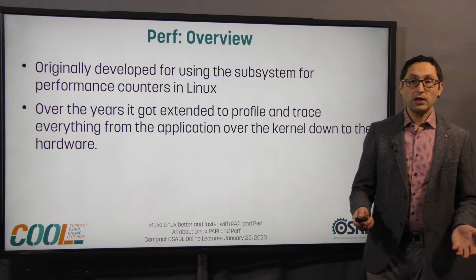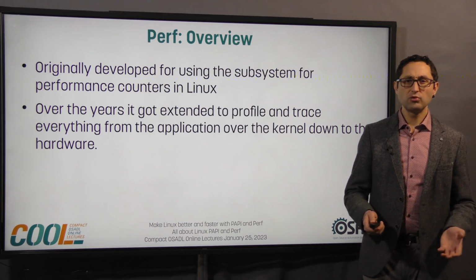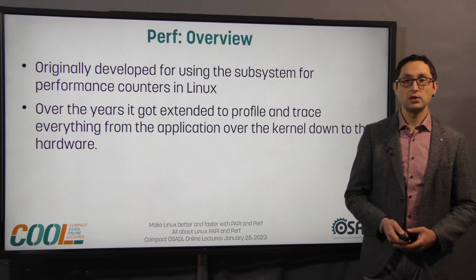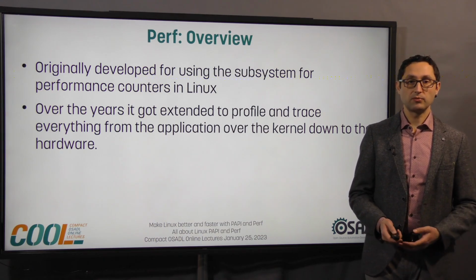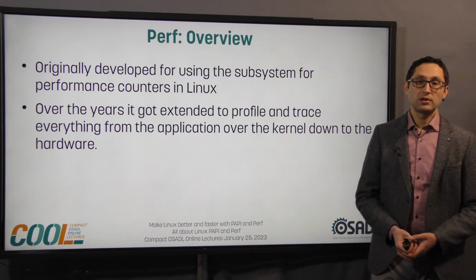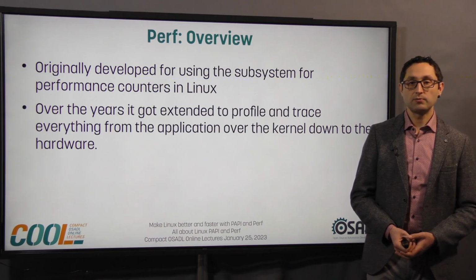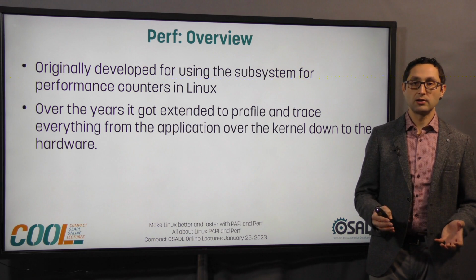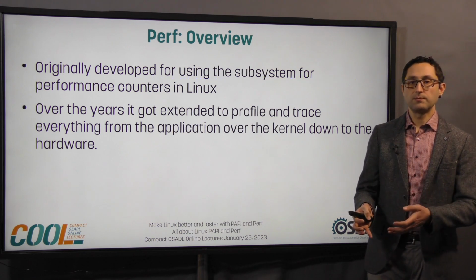This began with a special subsystem in the Linux kernel, just to provide access to the performance counters. This was pretty much all this subsystem could do. But over the years, this subsystem got extended in several areas. So nowadays, you can pretty much profile and trace everything from the application over the kernel down to the hardware.